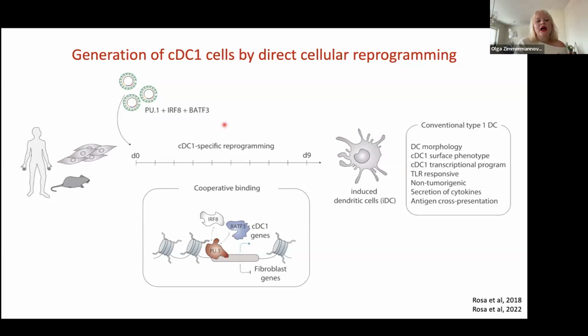Some years ago, we identified a combination of three transcription factors, PU.1, IRF8, and BATF3, which are able to initiate the cDC1, or type 1 dendritic cell, identity in mouse fibroblasts. And later, we also described how these three transcription factors cooperate to silence the fibroblast genes and induce the cDC1 transcriptomic program in the fibroblasts.